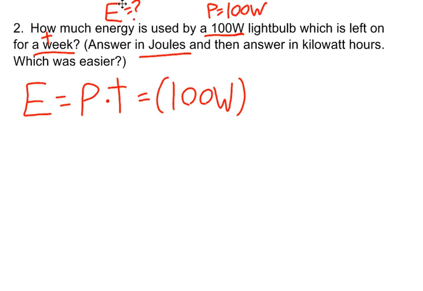And then time, we need time in seconds. That's a problem because we have 1 week. So let's think a little bit here. How many seconds are in a week?